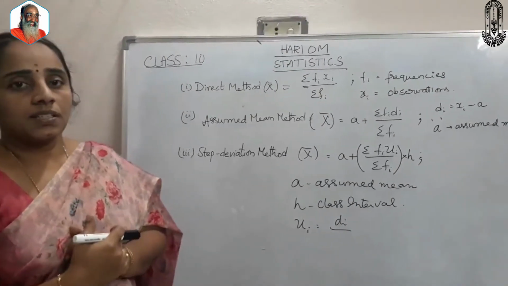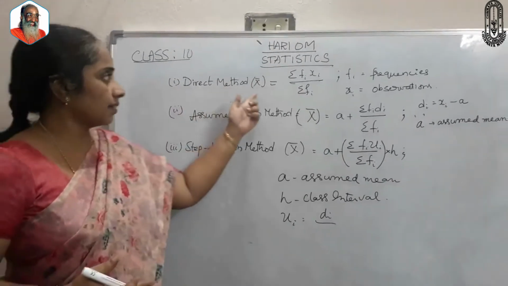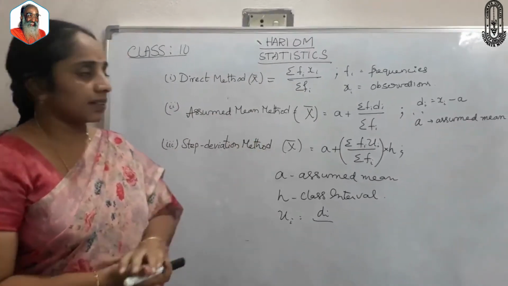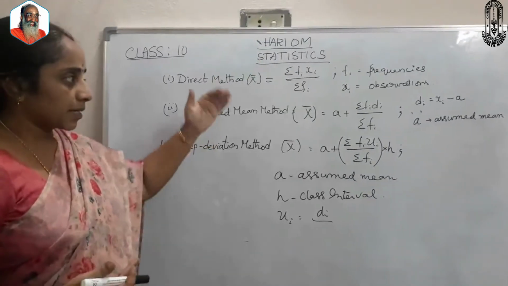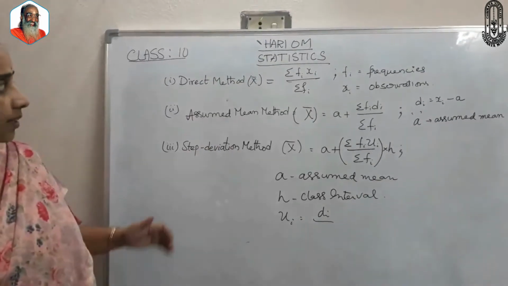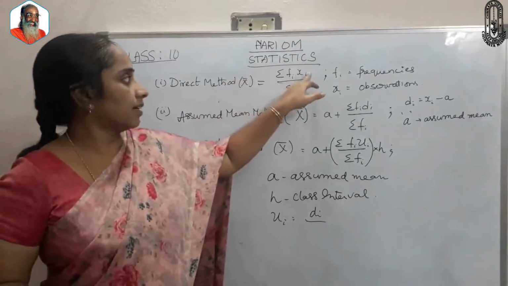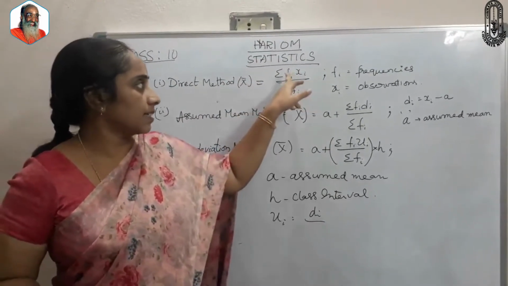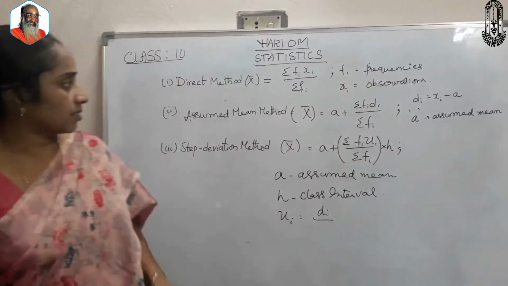Already we have discussed mean in two methods, that is the direct method and the assumed mean method. To recall, once again I am explaining the formula: in the direct method it is sigma fi xi by sigma fi, where fi are frequencies and xi are observations.